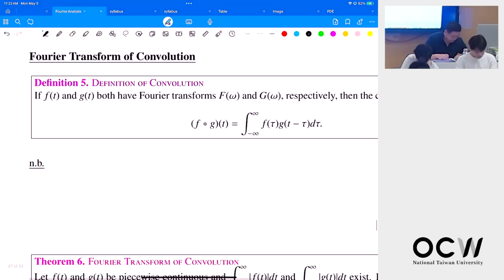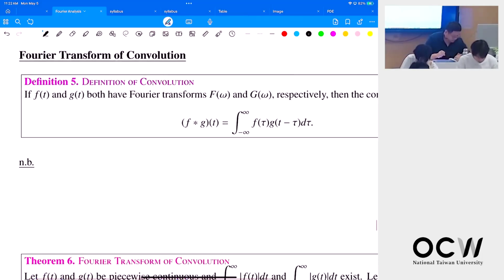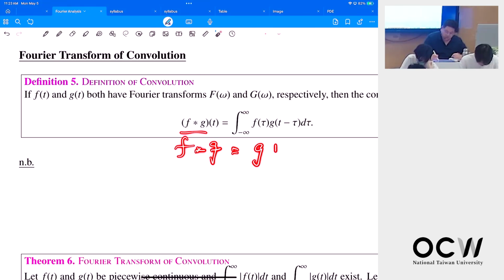Now we need to know that the convolution is commutative, which means f convolve g is equal to g convolve f.